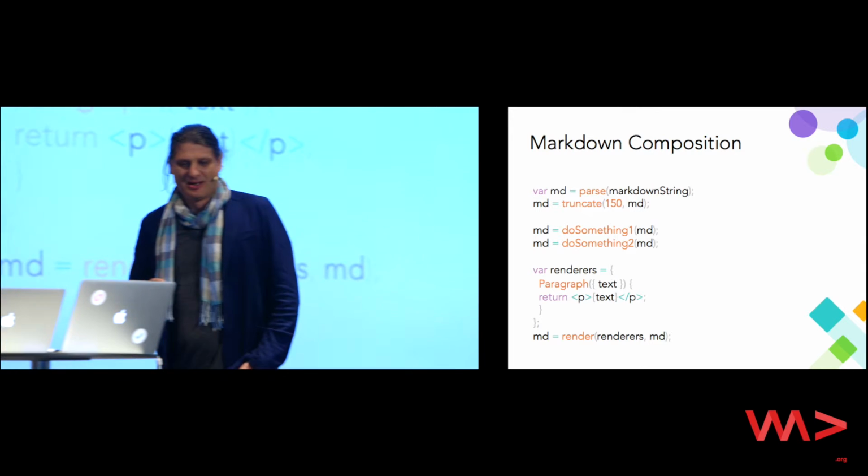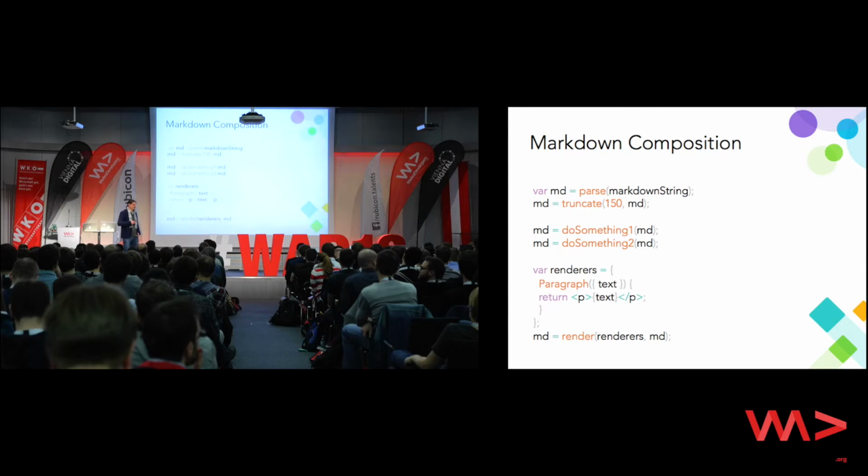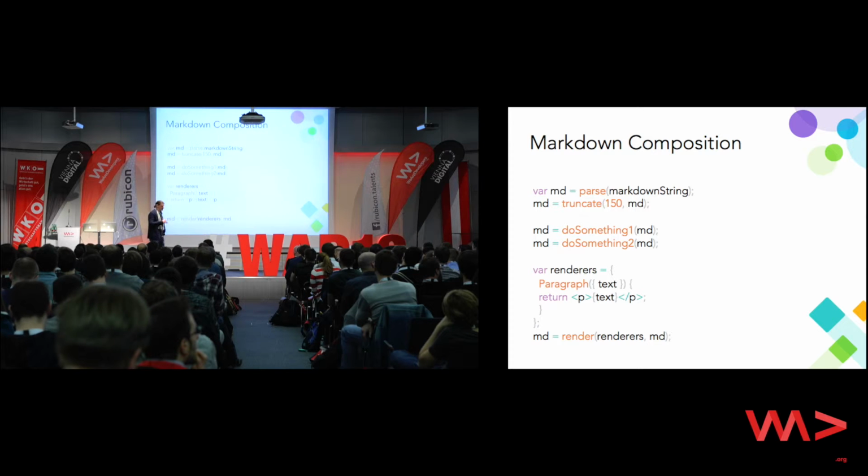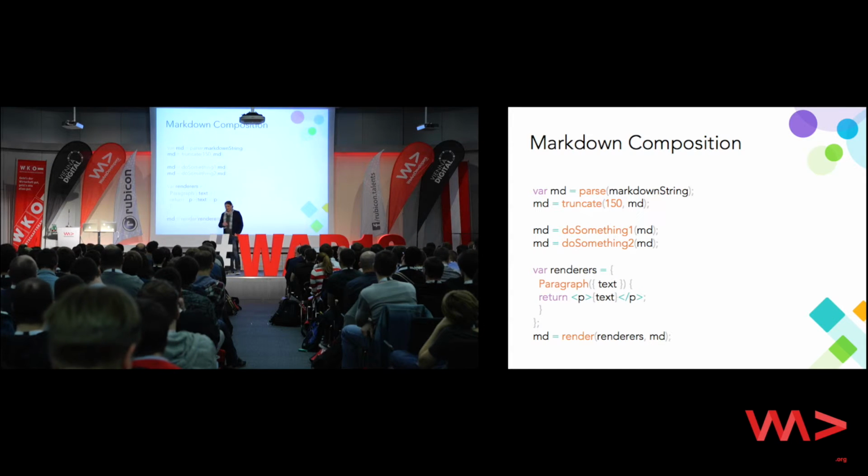So basically, composition is really about separating the data from the code and not doing it like in classes or in objects, where you actually have the functionality together with the data.